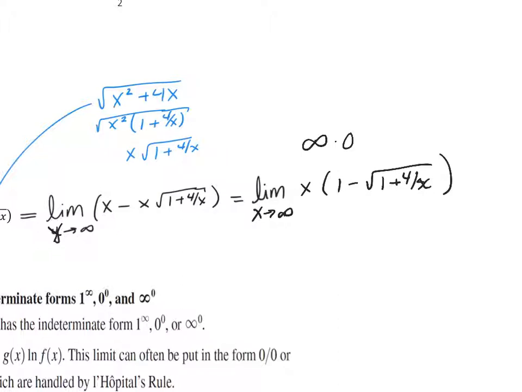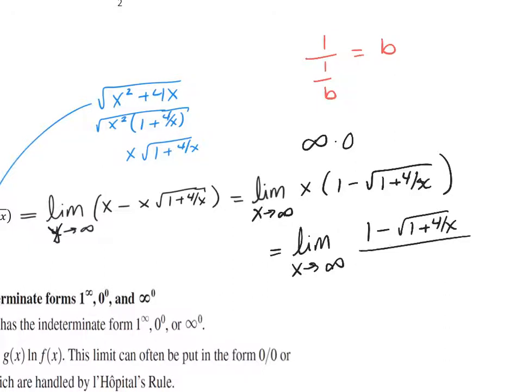So I'm going to use that rule again, that if I have 1 over b, this is going to equal b. So reversing that, I'm going to rewrite this as the limit as x goes to infinity of 1 minus the square root of 1 plus 4 over x, divided by 1 over x.